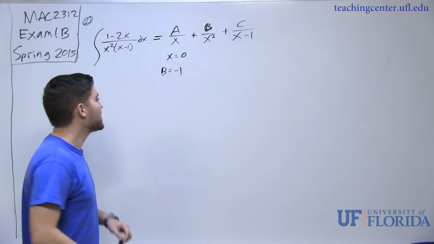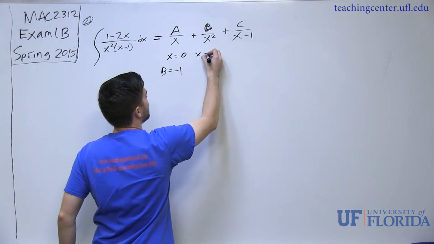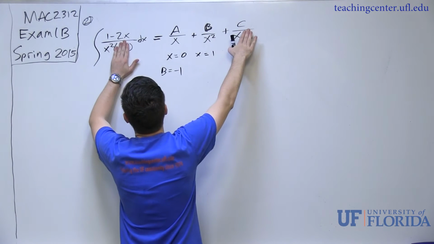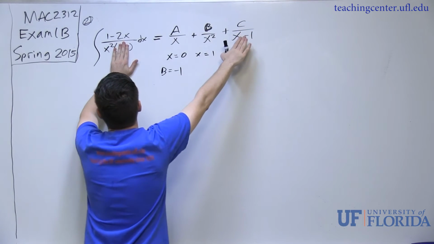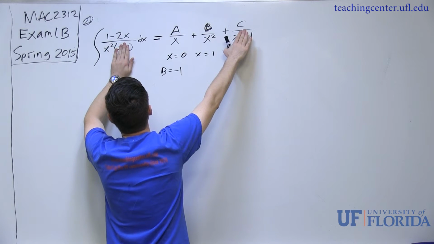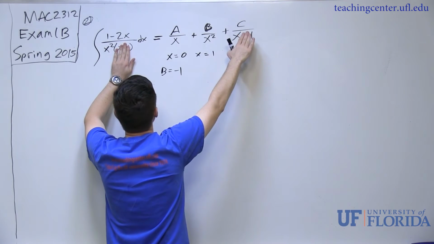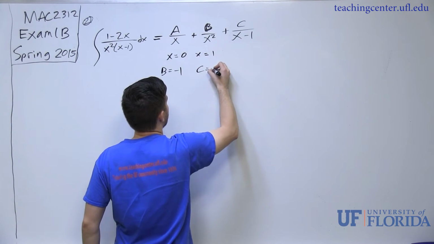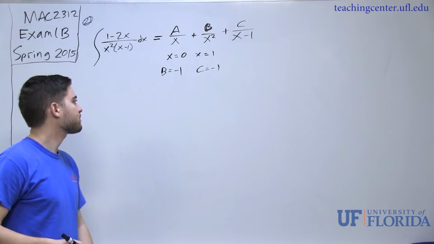Do the same thing for c. For c, I'm plugging in x equals 1. If I plug in x equals 1, I cover up here and I cover up here, and I end up getting 1 minus 2 over 1 squared. So that becomes 1 minus 2 is negative 1, over 1 squared is positive 1. So c is also equal to negative 1.